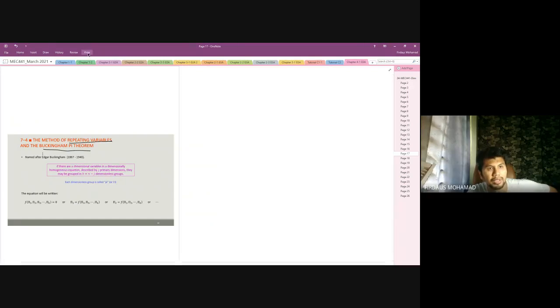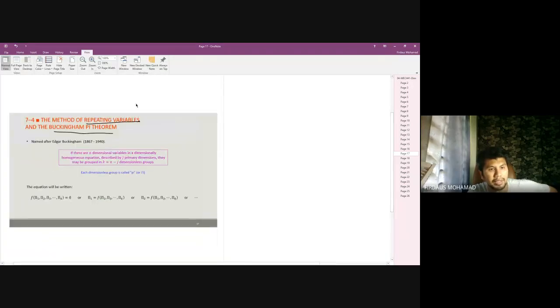Okay, so untuk this analysis, untuk Buckingham Pi theorem ataupun repeating variable ni, kita akan sambung esok sekali dengan tutorial. Okay, so maknanya esok kita akan masuk Buckingham Pi theorem dengan repeating variable and a few example how to solve for the dimensional analysis. Boleh?